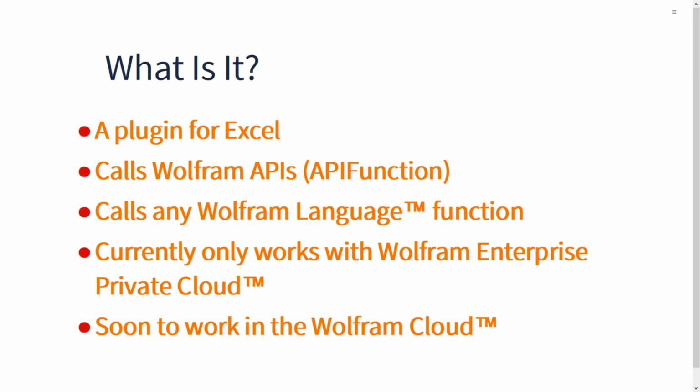But basically, it allows you to call Wolfram APIs from within Excel, which is pretty useful. Now, the other thing that we have added here is the ability to call any Wolfram Language function from within Excel as well, without the need to construct APIs.